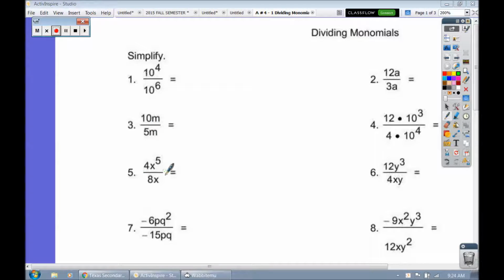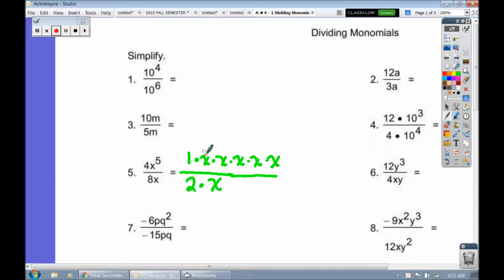So here's another way of answering number 5. Start with the number. 4 over 8 is 1/2. You have 5 x's on top and 1 x on bottom. If I were to write that out in expanded form, 1, 2, 3, 4, 5 x's on top, and then 1 x on bottom, how many sets could I cancel out, if you want to call it sets?